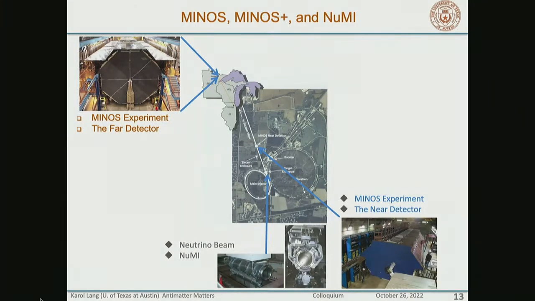This is an aerial view of the Fermilab main ring and so-called main injector, through 700 kilometers of the Earth's crust to a mine in Minnesota. It's a lot of beam work, a lot of detector work. There are two detectors, a smaller and a larger one, which have been dismantled since then.